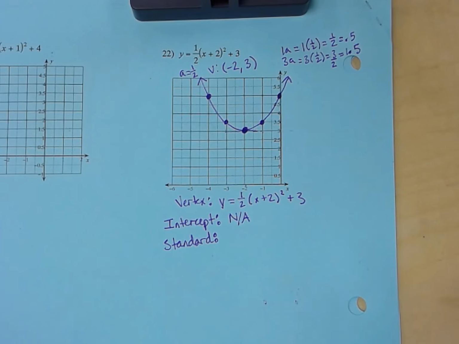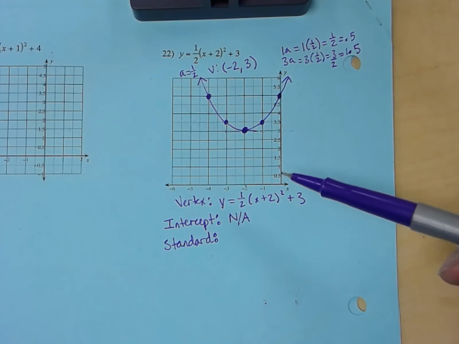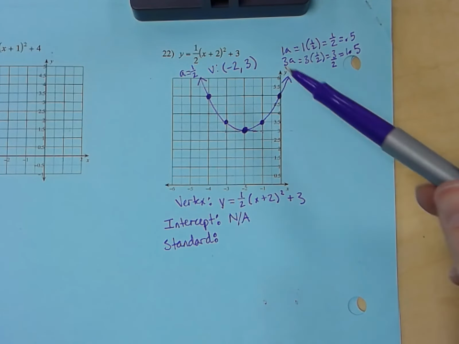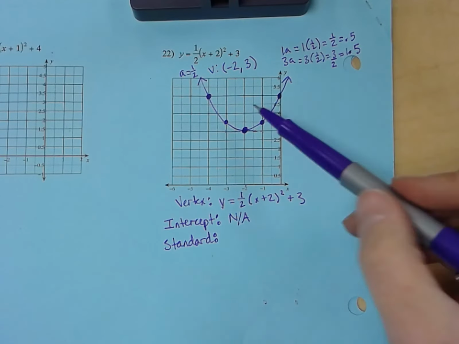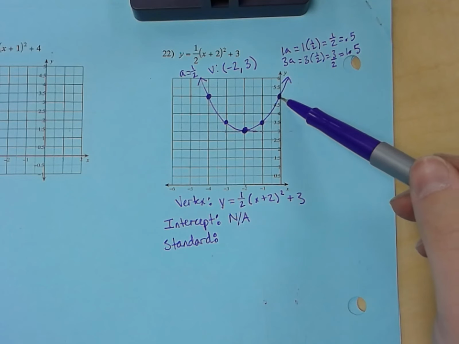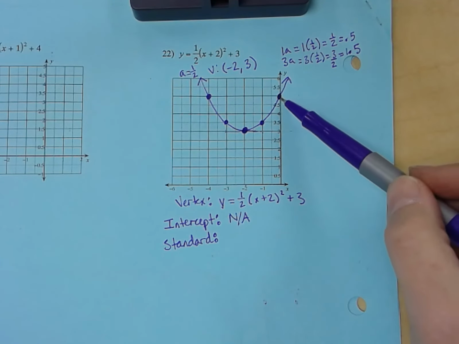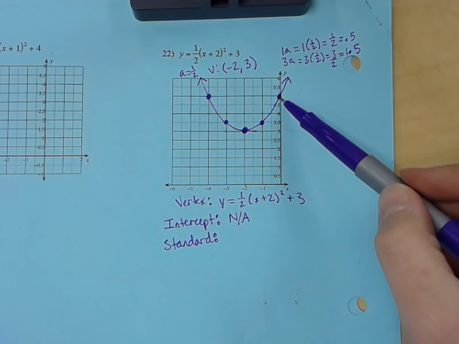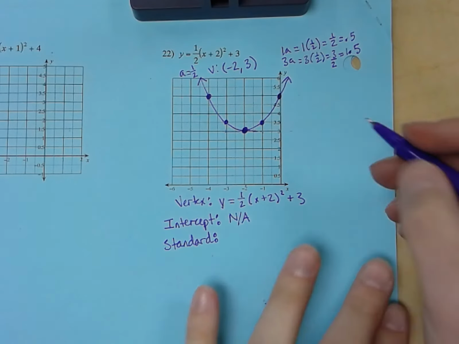Okay, we could see a little bit of standard form from the graph. Like we see our a value, and we also knew it from before. We see our y-intercept, but we're going to need the b value. And so we can do that by doing opposite b over 2a.